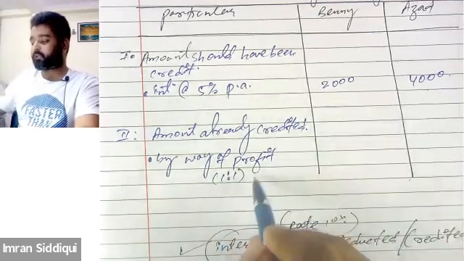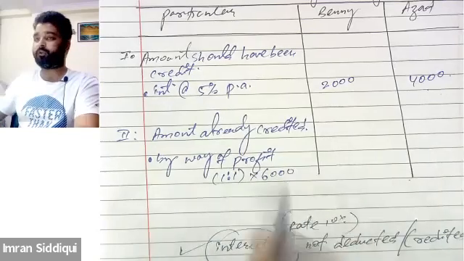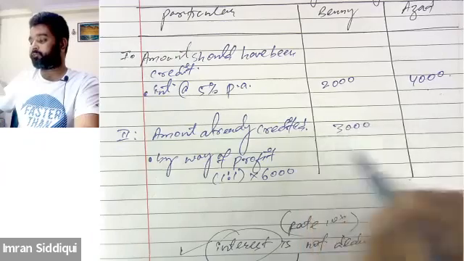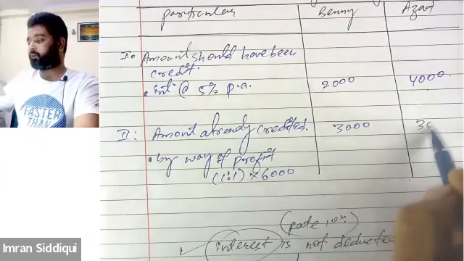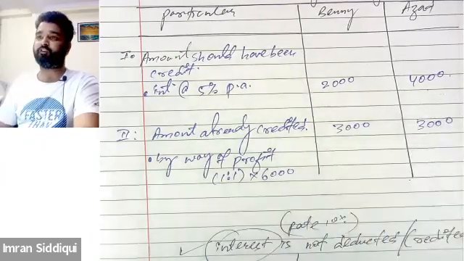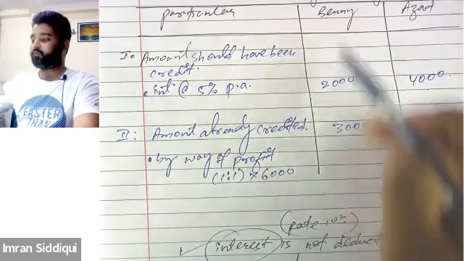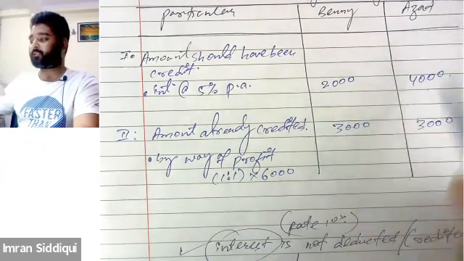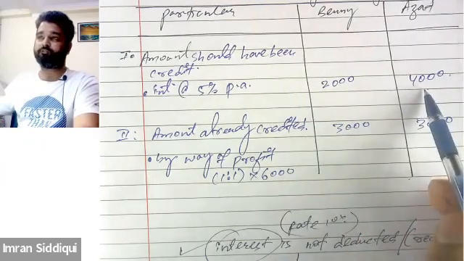That means the 6,000 must have been divided among the partners equally. That means Benny must have got 3,000 by way of profit, and Azad must have got 3,000 as well by way of profit. However, Benny should have only got 2,000 by way of interest on capital, and Azad, instead of 3,000, should have got 4,000.